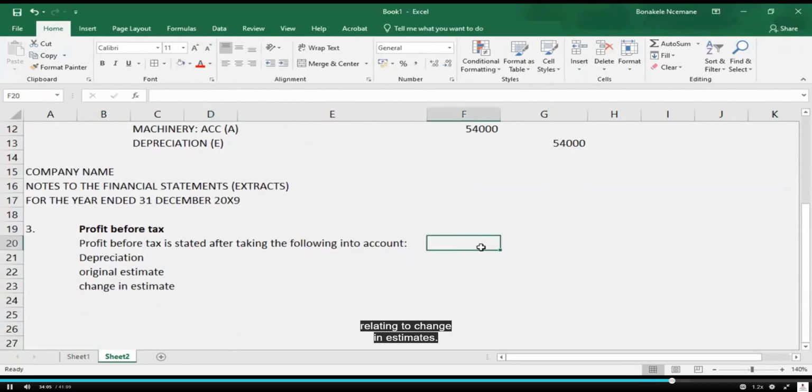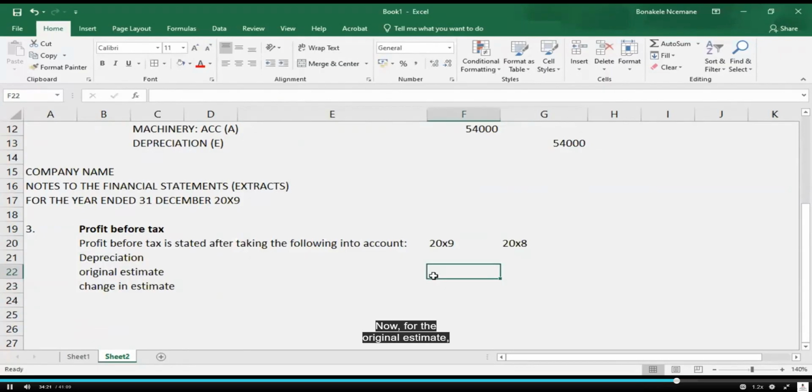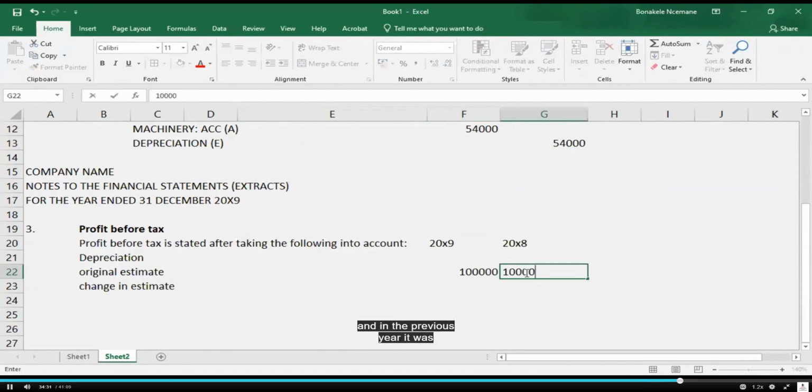And because we always have comparatives in accounting, we have for the year 20X9 and for the year 20X8. Now for the original estimate, our depreciation was 100,000 this year, and in the previous year it was 100,000.